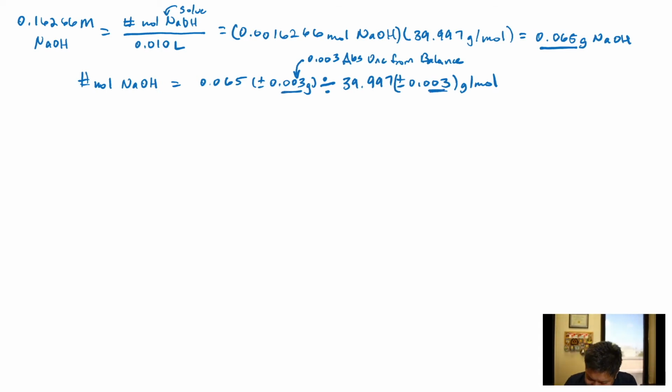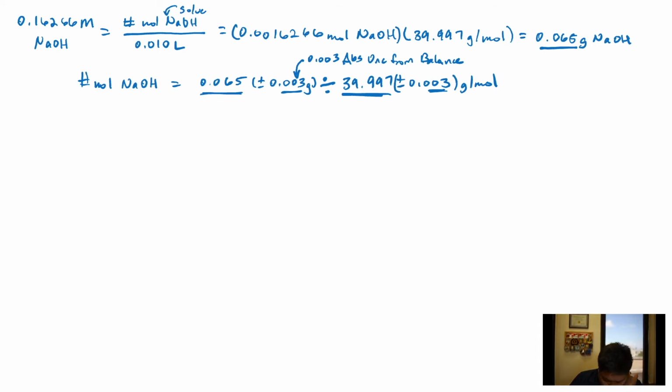And so you divide this number by this number, and you get the number of moles. And then, since we have uncertainty associated, we can also calculate its uncertainty too. Just like in the previous example, we can do this by converting things into their relative uncertainties.